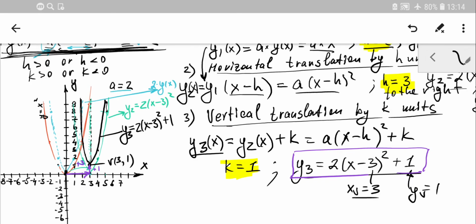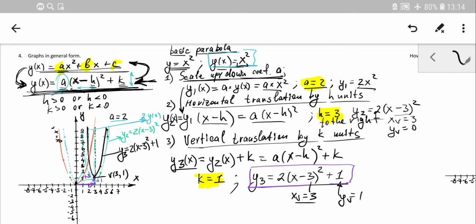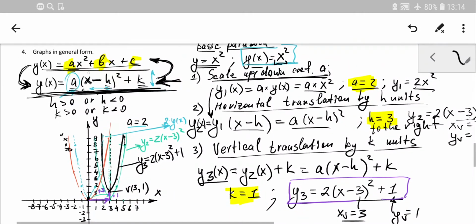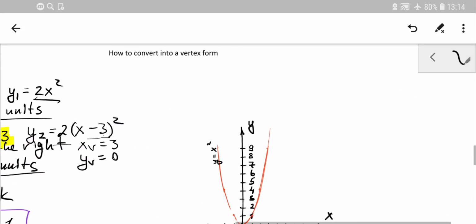That's our final function. Alright, so guys, I promised you to explain how to convert from the general form into the vertex form and how to do it the other way back. So here we'll apply that and I'll show you how to convert the general equation into the vertex form.